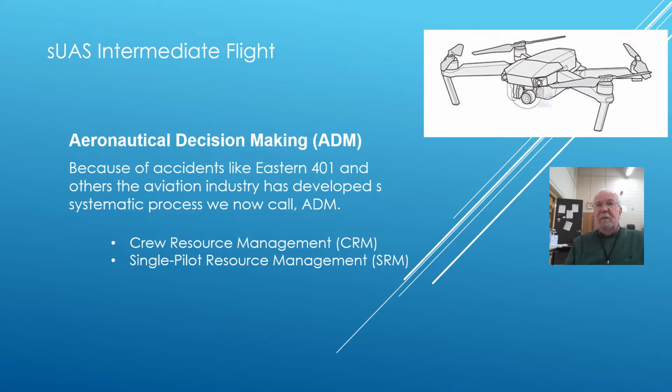So all available resources includes the weather service, the aeronautical charts, other crew members, other people in the area. All of these things are involved in what crew resource management is.